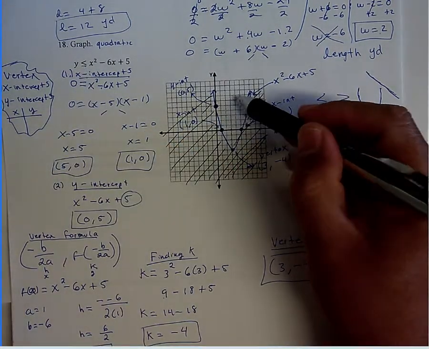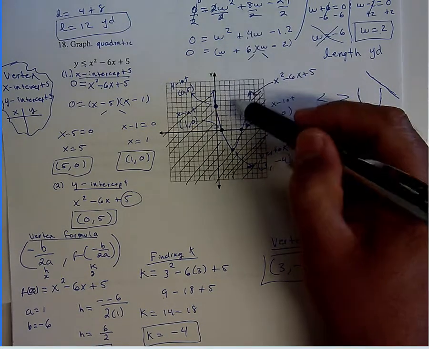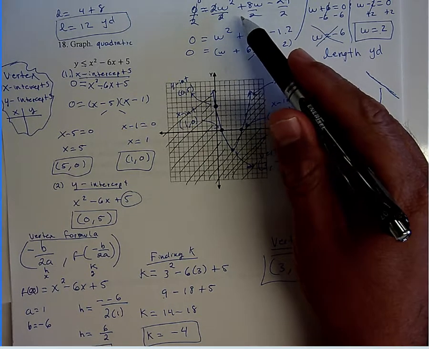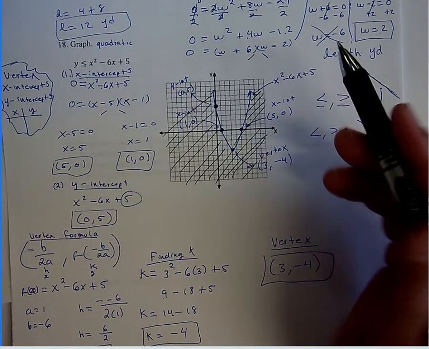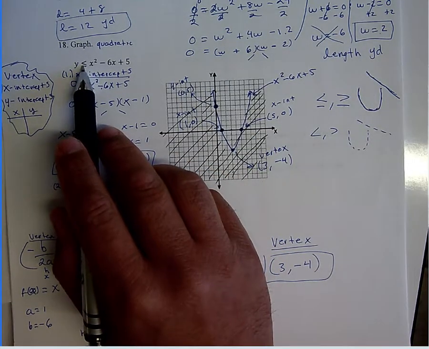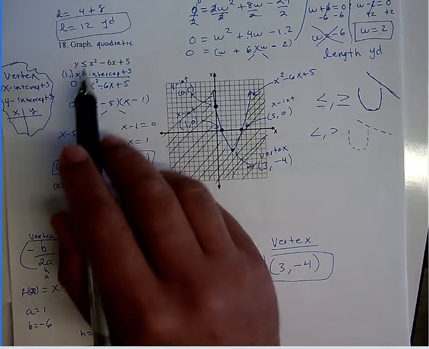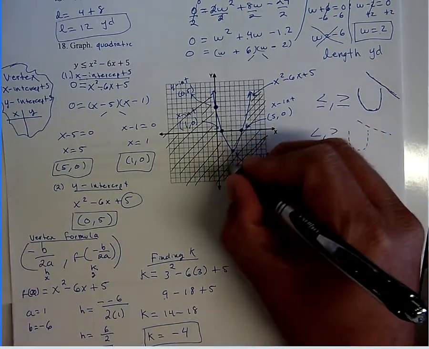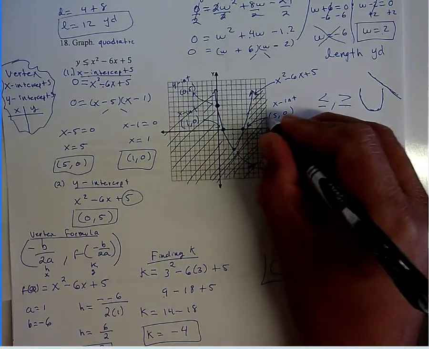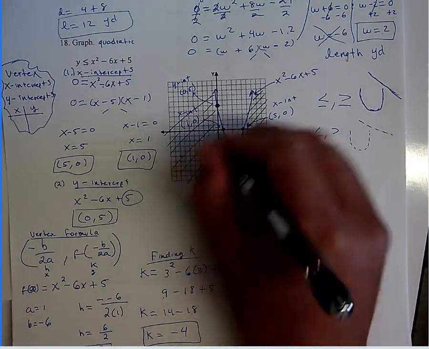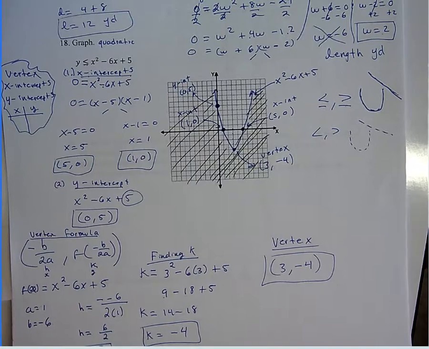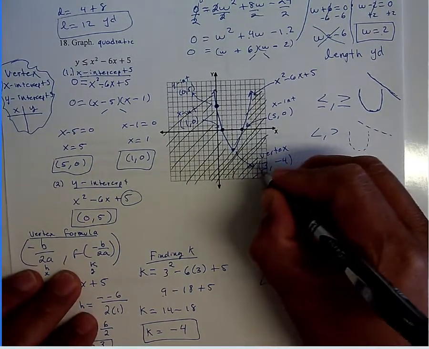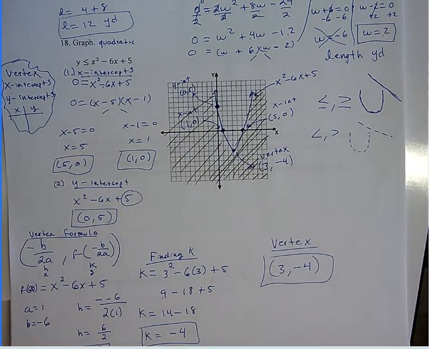Any point that's here and beyond is not part of the solution because it does not satisfy the inequality. That's what it means when they're asking you for a solution of an inequality. Every point in the plane and on the line. So that would be the answer, guys.